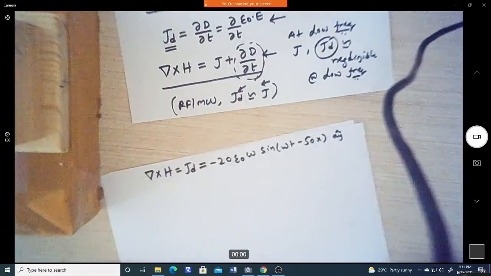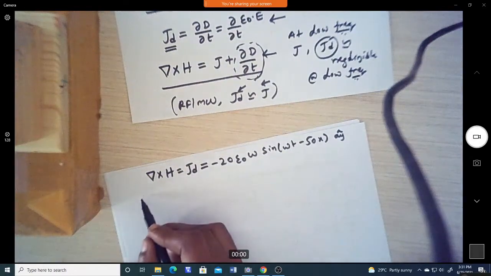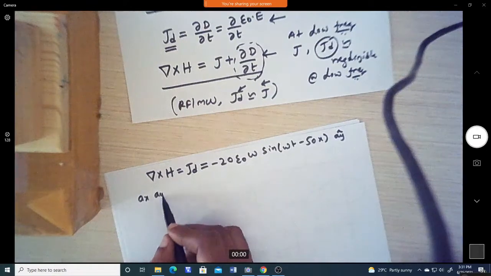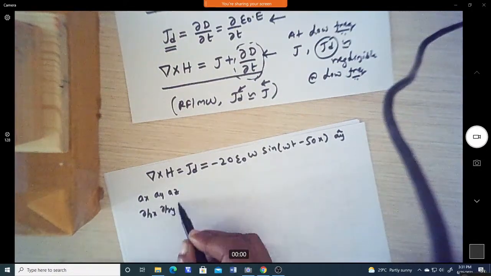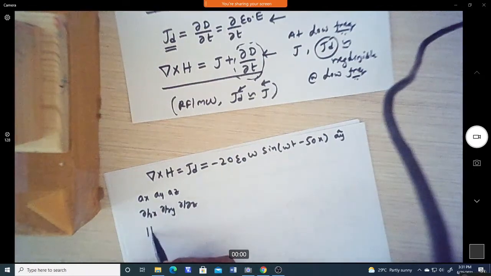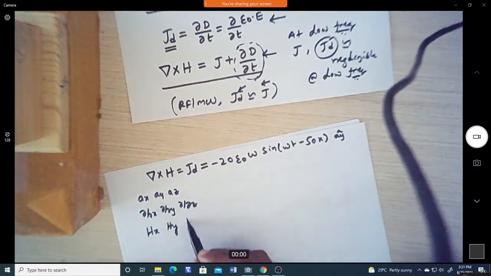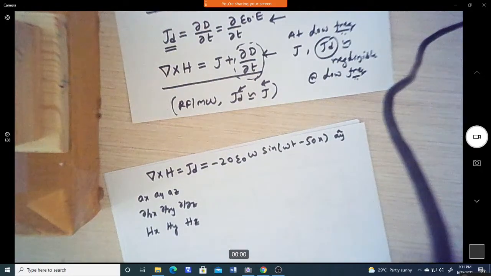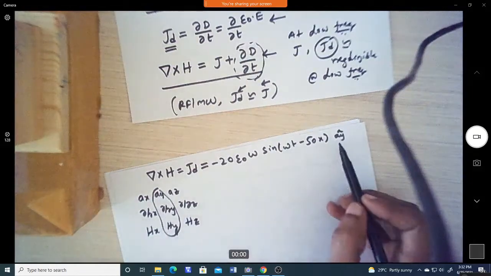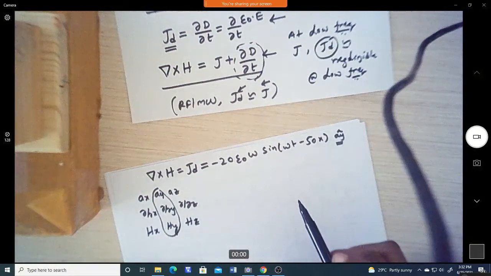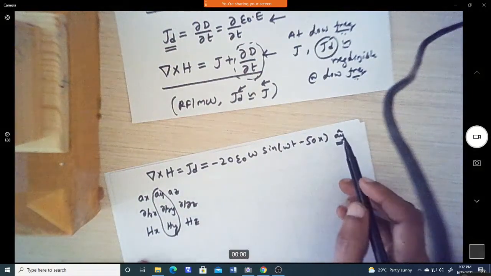But we know here del cross H is nothing but the determinant of AX, AY, AZ, del by del X, del by del Y, del by del Z, Hx, Hy and Hz. Now we can see here, only with respect to Y we have to do, because it is having the AY vector. So the displacement current is in the direction of AY vector.